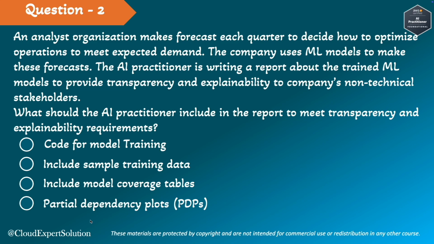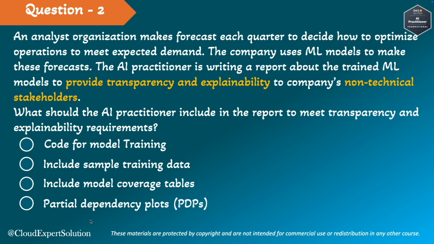The AI practitioner is writing a report about the trained ML models to provide transparency and explainability to the company's non-technical stakeholders. What should the AI practitioner include in the report to meet transparency and explainability requirements? The key phrases in this question: we need to provide transparency and explainability, and the users are non-technical.